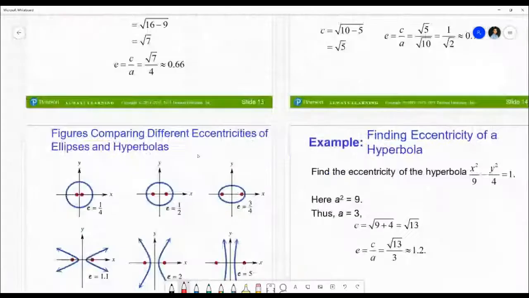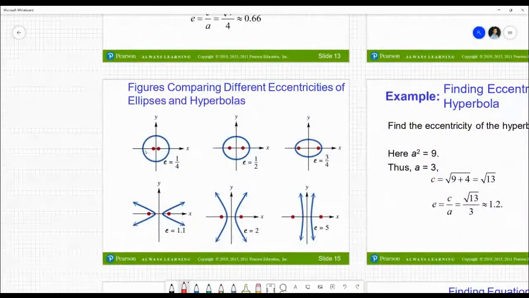So let's look at the eccentricity of each one and see what happens. As E gets smaller, as E gets closer to 0, it's going to get closer and closer to a circle. And as E gets larger, it's going to flatten out. As E gets closer and closer to 1, the ellipse is going to get skinnier and skinnier, or flatten out like this.